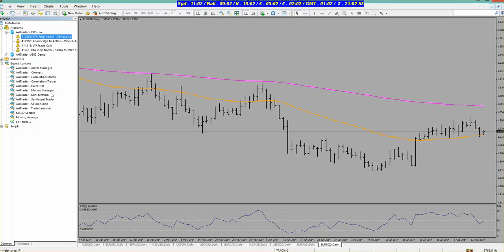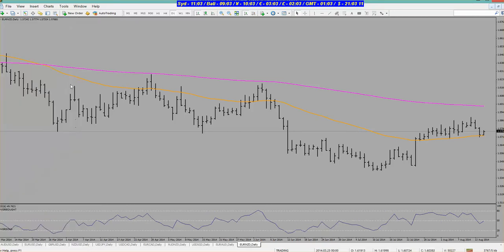Well, they've got market manager, mini terminal. Don't need that. Sentiment trader, that to me, I don't care what other traders are doing. Correlation matrix, I know what is correlated. Alarm manager, that might be helpful. But to me, the whole idea is just marketing. I don't see any real tools in there.